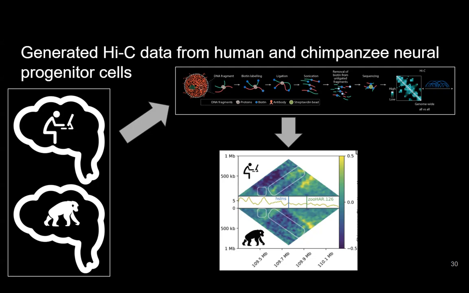Here again, you can see in humans, there's a boundary here, in chimps, it's gone. In humans, there's some contacts here, those are missing in chimp. While overall in this locus, these are very similar. And actually a lot of what we learned by looking at these data is that humans and chimps are very similar. Then here in the middle, this is a disruption score that summarizes the difference between the Hi-C of those regions.